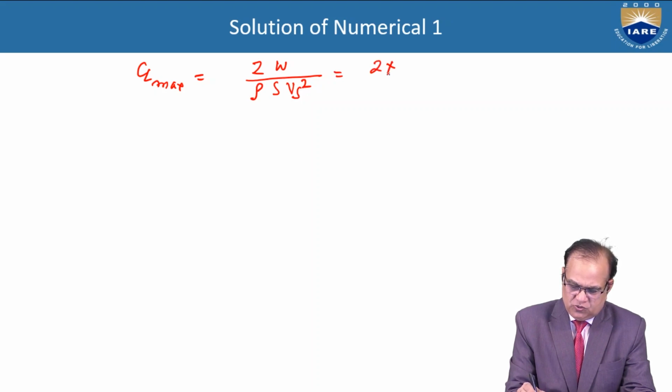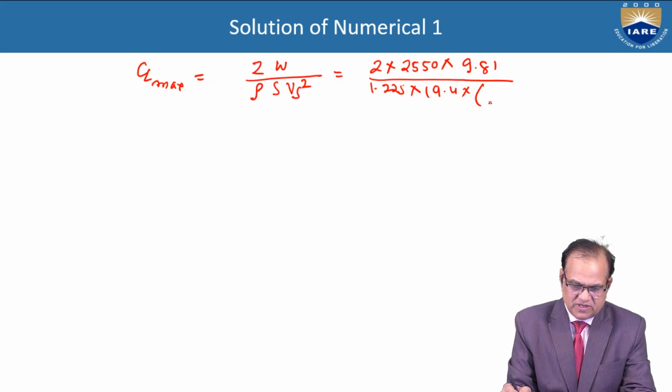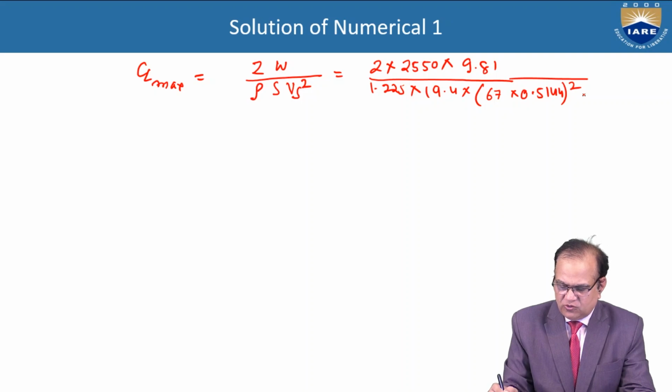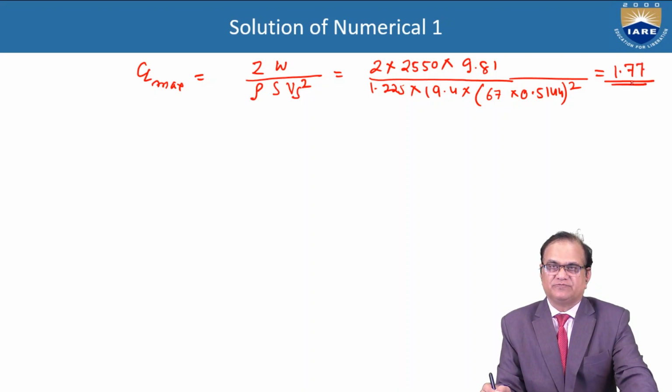So 2 into m, 2550 into 9.81, divided by 1.225 into S, which is 19.4, into Vs square, where Vs is 67 into 0.5144 to convert knots to meters per second. So we will get this value as 1.77. So we got the CL maximum also.